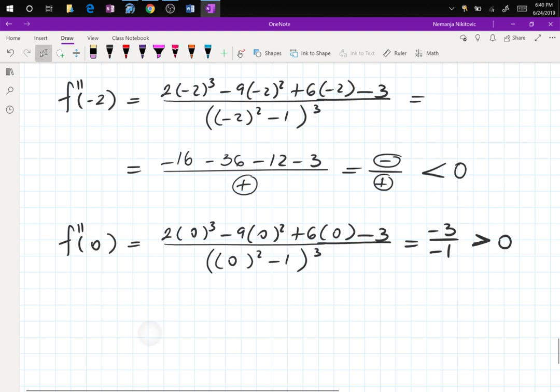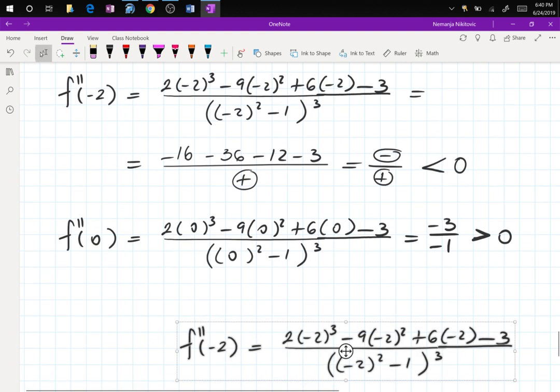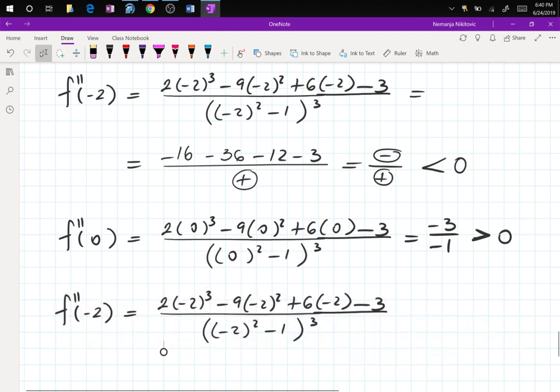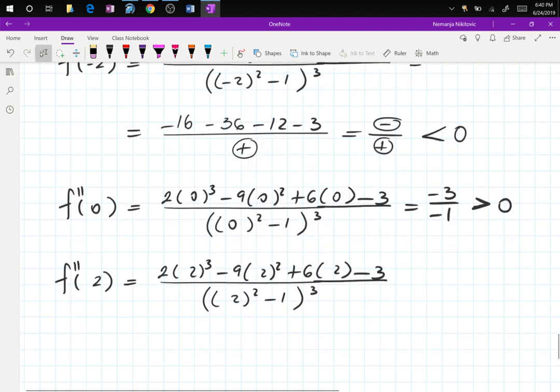Okay, now we replace all negative 2's with positive 2's. And compute.